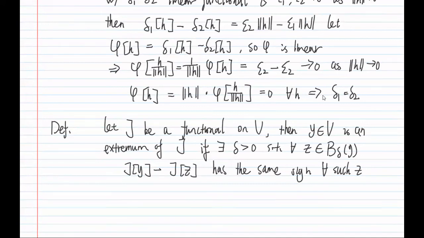So basically, an extremum can either be a maximum or a minimum, right? So if it is a maximum, then this quantity would always be positive. If it's a minimum, then this quantity would always be negative.